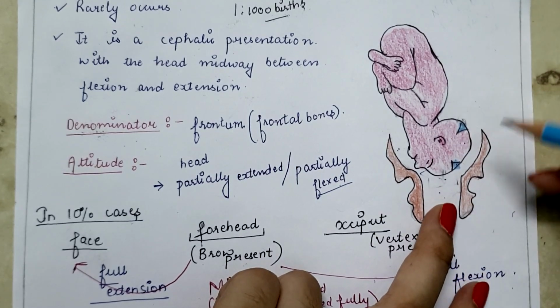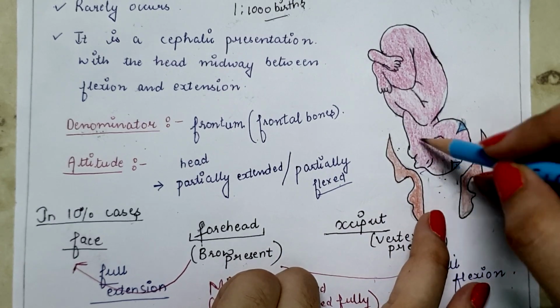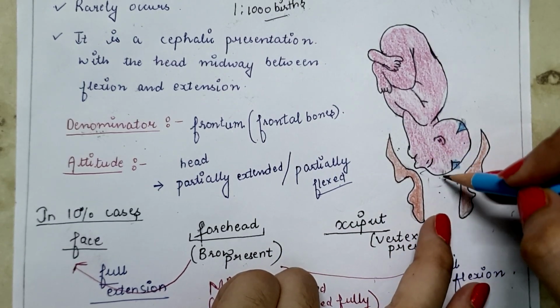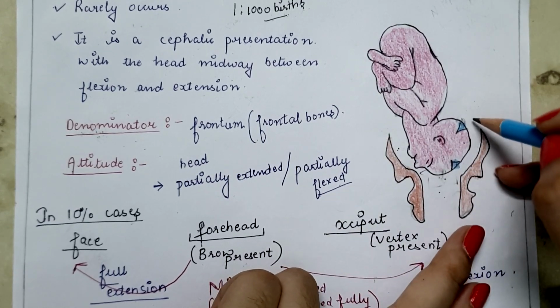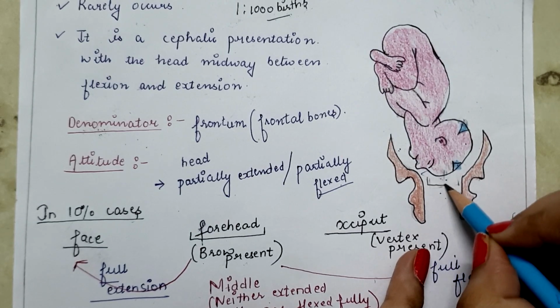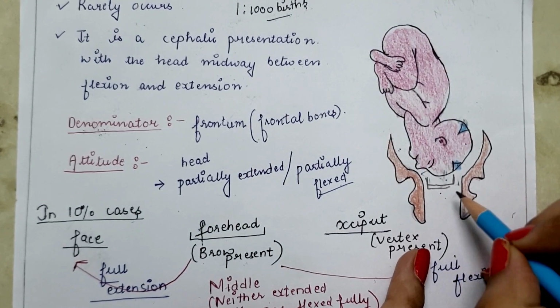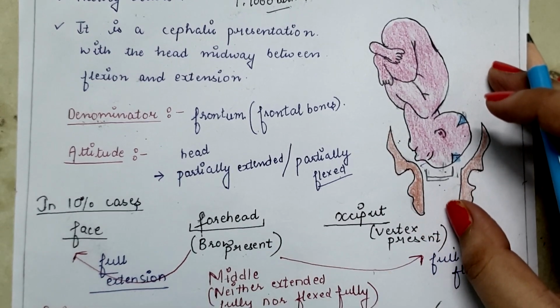In the opposite case, if the head is fully extended, the presenting part will be the face. But here, the head is neither fully flexed nor fully extended, so the presenting part is the forehead or the frontal bones. That is also known as the frontum.